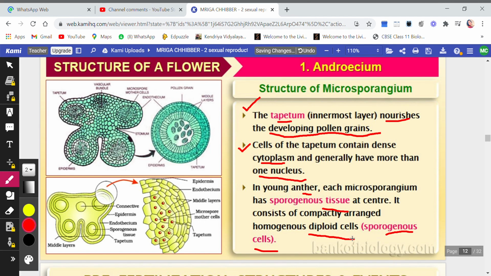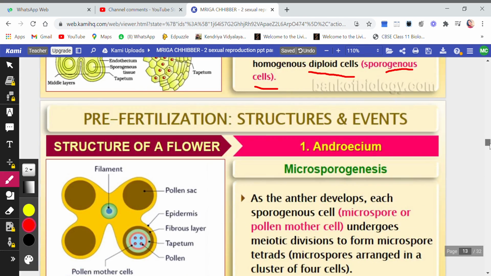And where will you find them? In the center of each microsporangium. Now there are 4 microsporangia, 1, 2, 3 and 4, and all of them will have sporogenous tissue in the center. Clear? So this is the structure of the microsporangium.